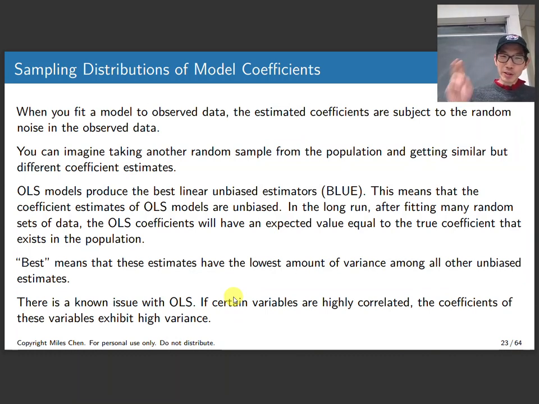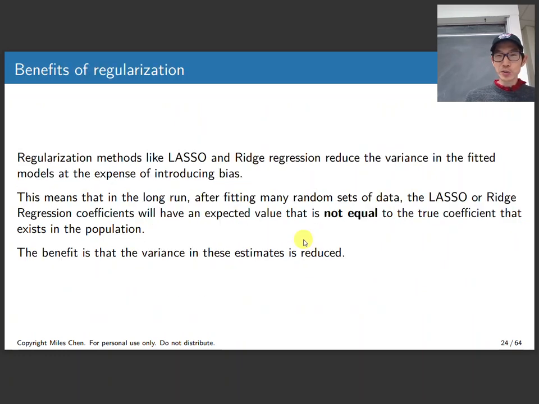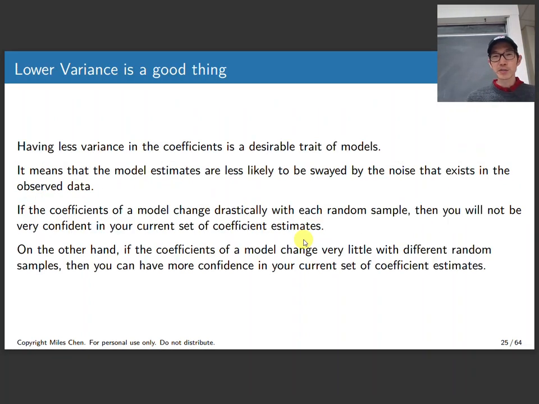So okay, I already talked a little bit about this at the beginning, talking about ordinary least squares giving us the best linear unbiased estimator, and how regularization shrinks the amount of variance, okay? And overall, less variance is a desirable trait, okay?